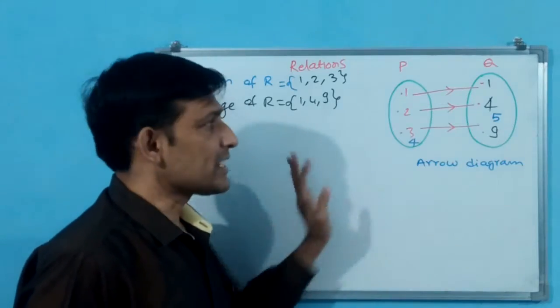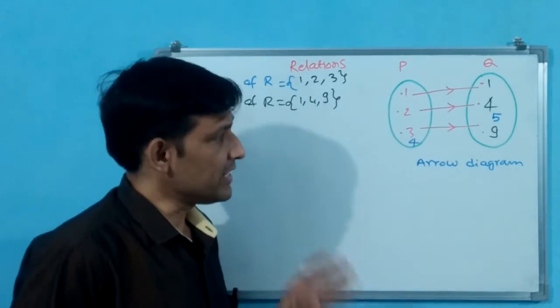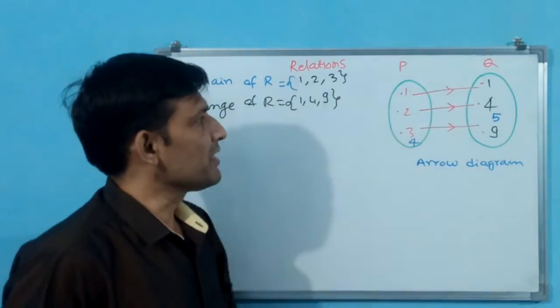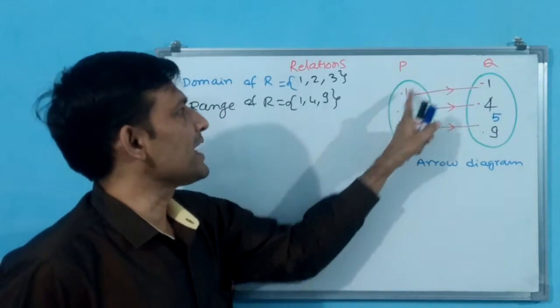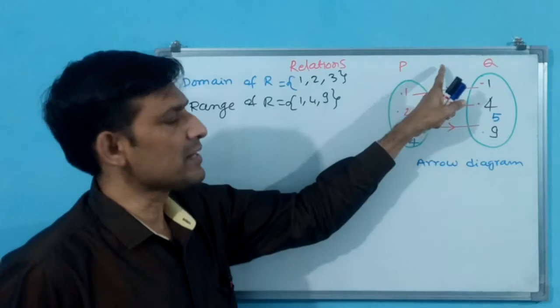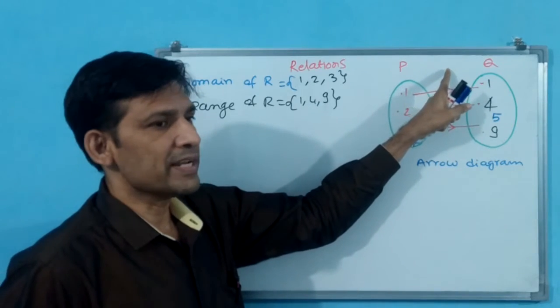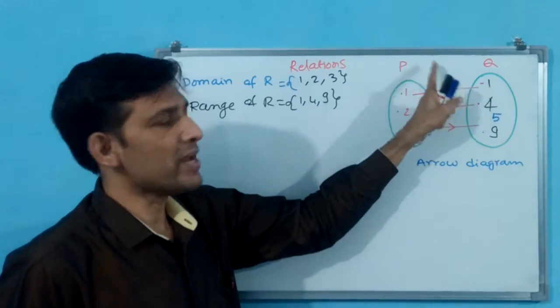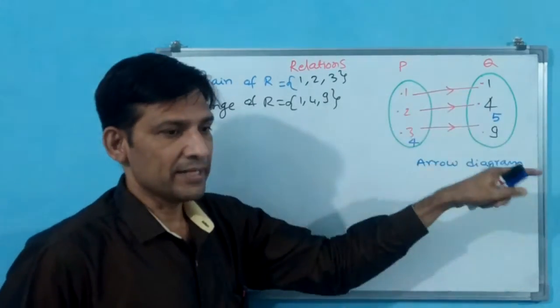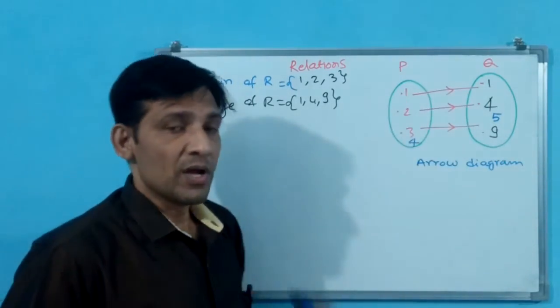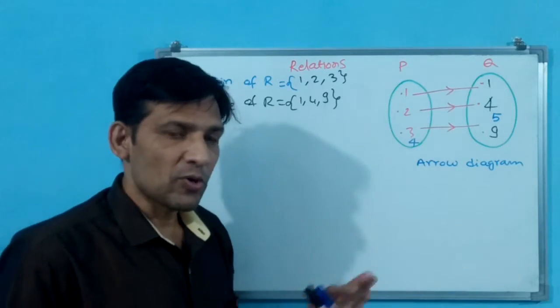But here you understand the relation. In between we have given x square. If you put x square here, after entering x square it becomes a square and the output is going to come 1, 4, 9. That means input, output. But now I am not telling about this input and output.